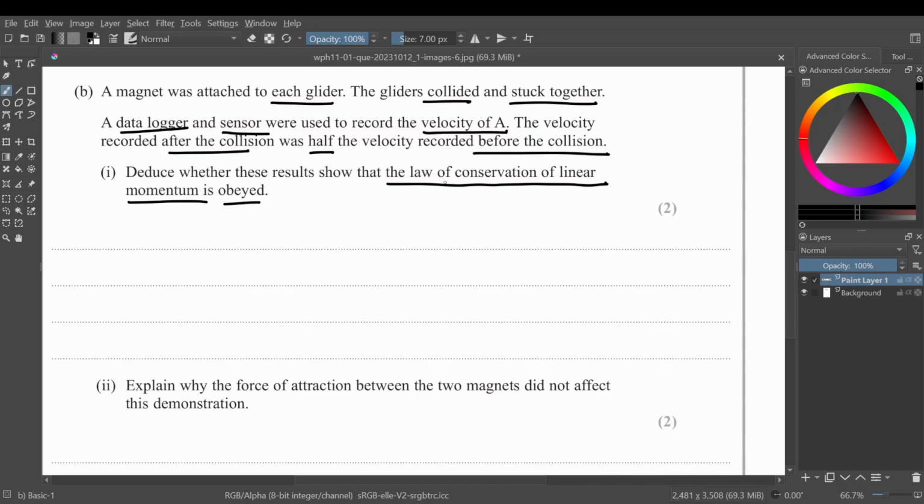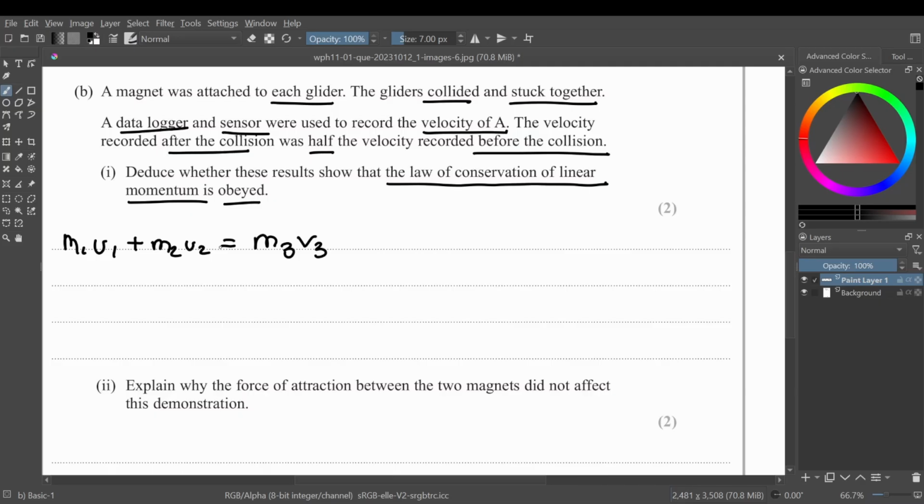Okay, so let me explain using the formula of the law of conservation of linear momentum, which is m1 u1 plus m2 u2 is equal to, now it won't be m1 v1 plus m2 v2, it will be m3 v3.